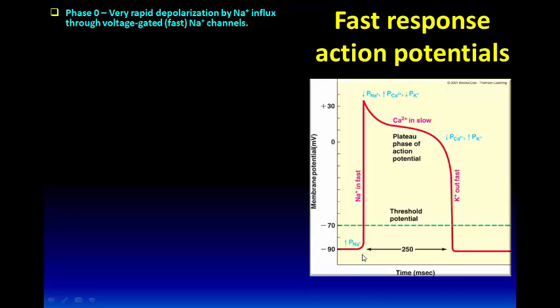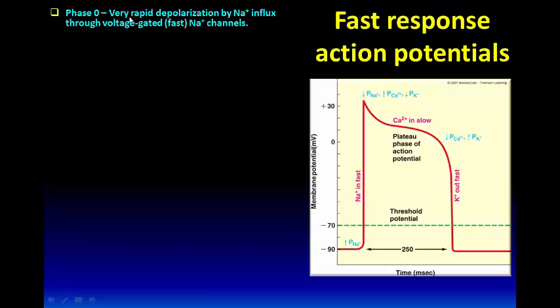When this stimulus arrives, it changes the voltage a bit, and when the voltage is changed, this opens voltage-gated sodium channels. We call these voltage-gated sodium channels fast sodium channels. And sodium ions get in. So sodium in, fast. And this is what we call phase zero.